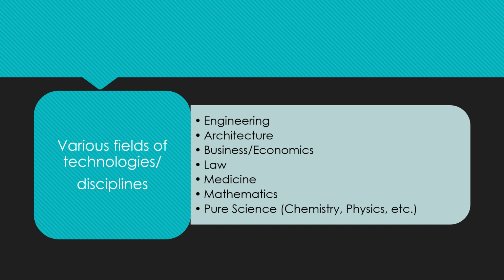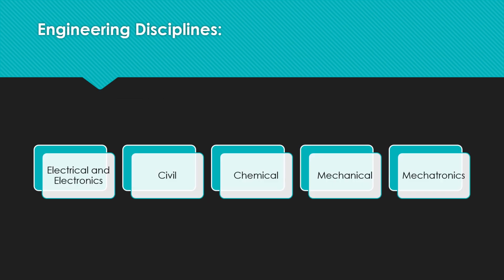So these are the various fields of technologies or disciplines. And for example, if we take only one discipline, even in engineering, there are many areas ranging from electrical, civil, chemical, mechanical and also mechatronics.